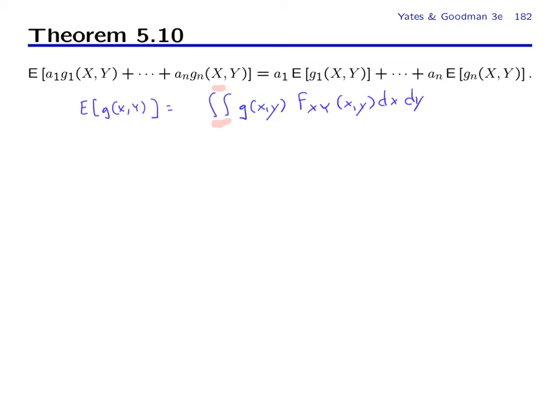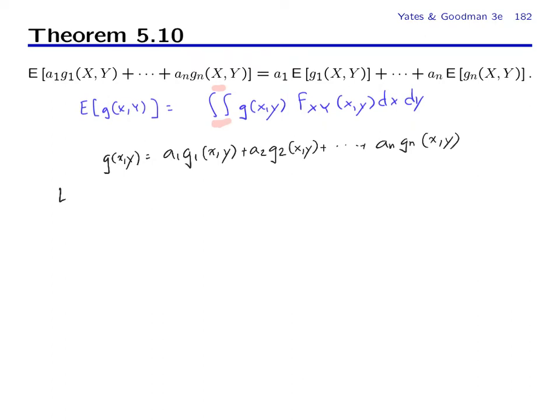What this theorem says is that we can let g of x and y equal a sum of a bunch of other functions: a1 g1 of x and y plus a2 g2 of x and y, all the way up to some nth function. And of course, these functions can be whatever we wish.